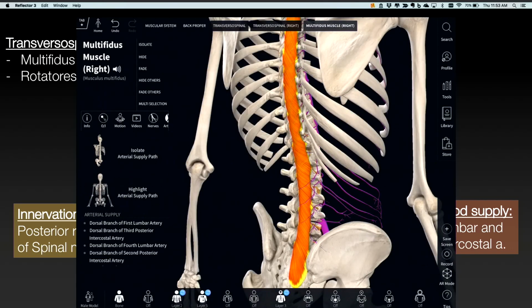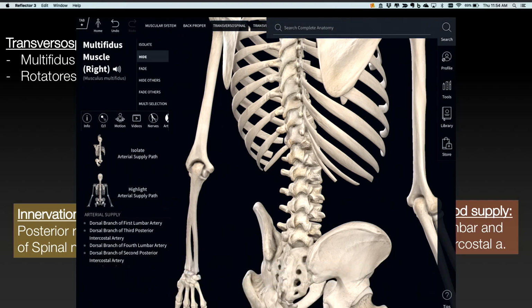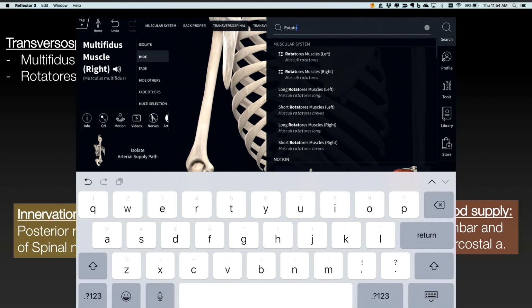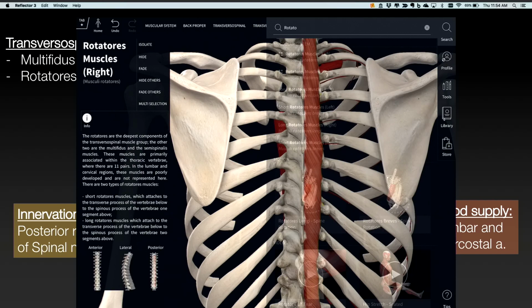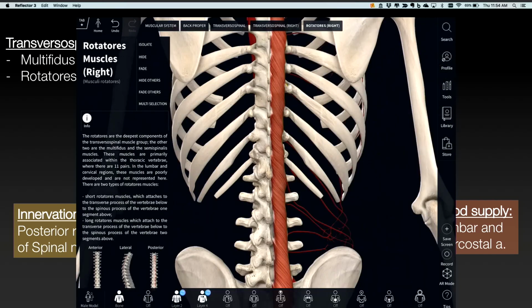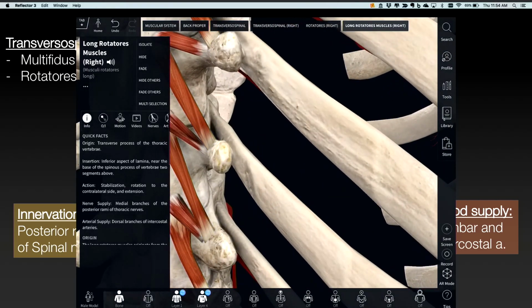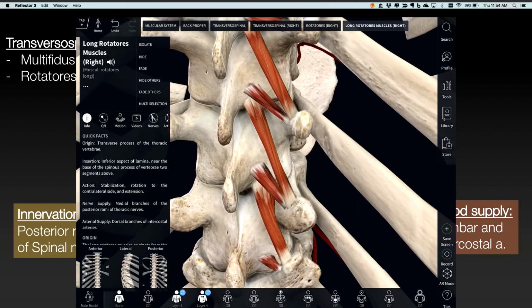The rotatores are a little more detailed, a little more interesting. Let's get rid of multifidus. Rotatores. Where are you? Hide. There we go. So you can see what I was trying to describe previously.